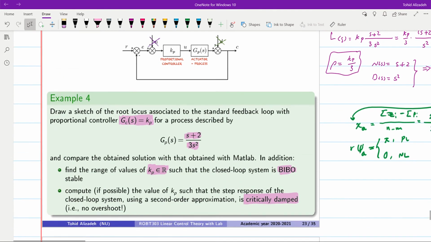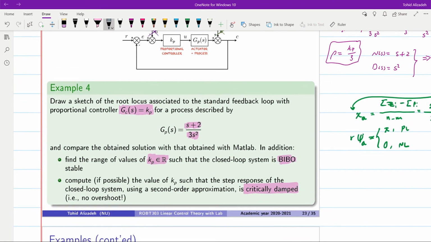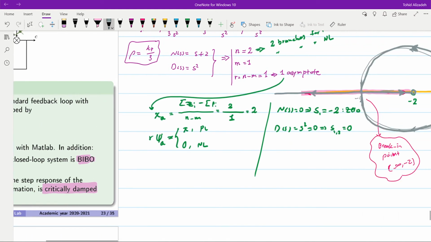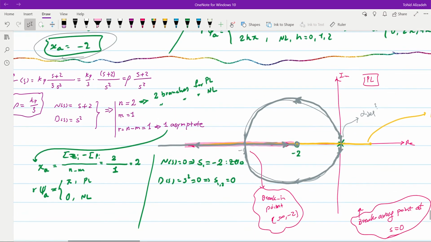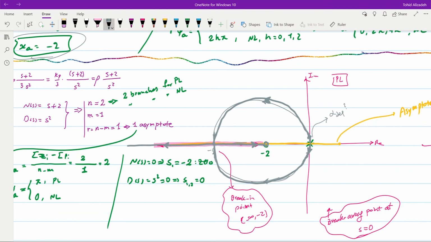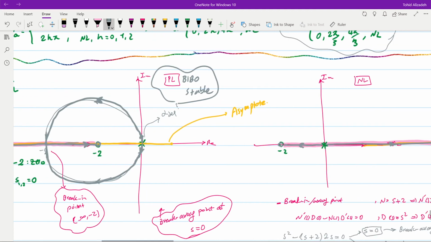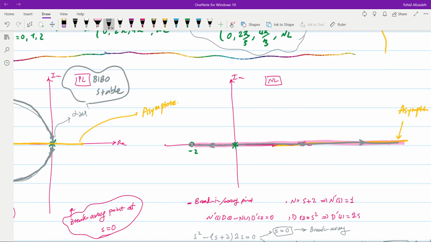Okay, now we can have a look here. Find the range of values of Kp in R such that this closed loop system is BIBO stable. If you look at the positive locus, we can see that for any value of rho bigger than 0, the system is BIBO stable because the poles are on the left half plane. And for the negative locus, for any value of rho smaller than 0, the system is not BIBO stable because we have one pole always in the right half plane.